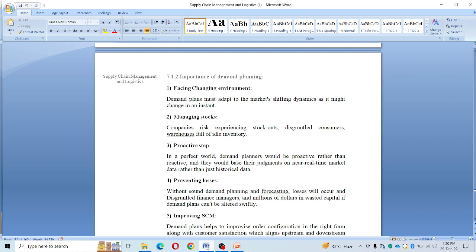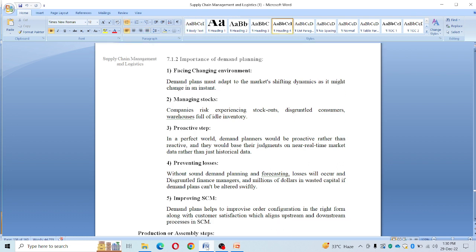So it is a proactive measure. Preventing losses, yes, because stock is an evil. People face so much loss because of idle stock, buffer stock, dead stock. So if demand planning is not done properly, forecasting is not done properly, the losses will occur.